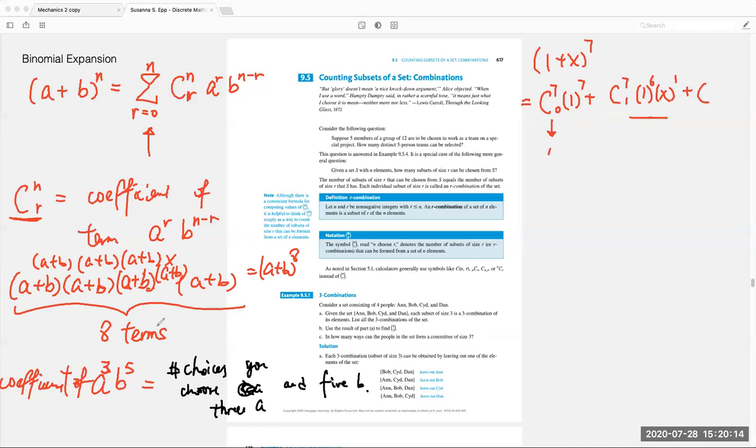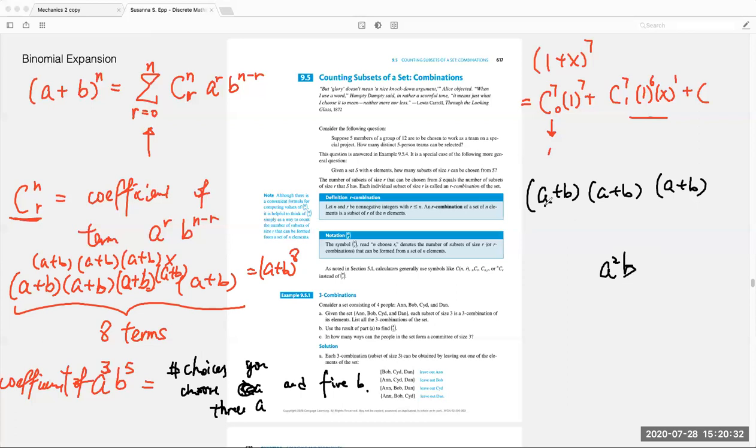So let me simplify the case into 3, okay? (A + B)^3. So how can you get a term that is A squared times B?